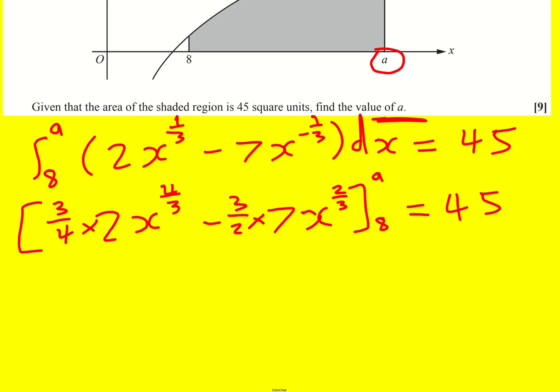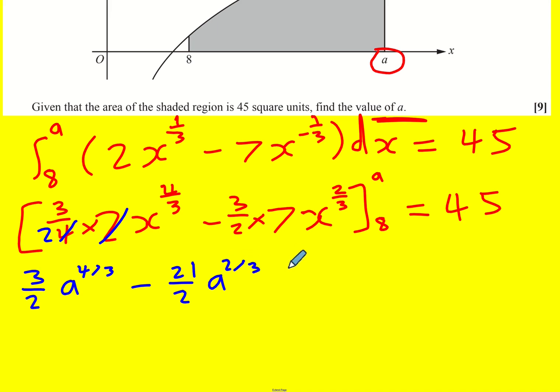What can I do? Well, first of all, I can just cancel this down a little bit. So it's going to become 3 over 2. And this is going to become 21 over 2. So substituting in for a, I'm going to get 3 over 2 a to the 4 over 3 minus 21 over 2 a to the 2 over 3.